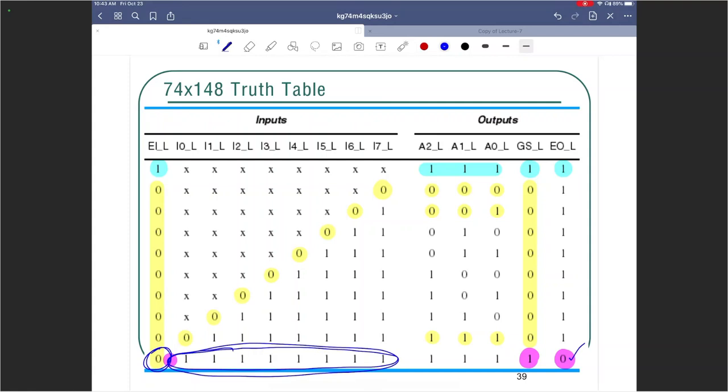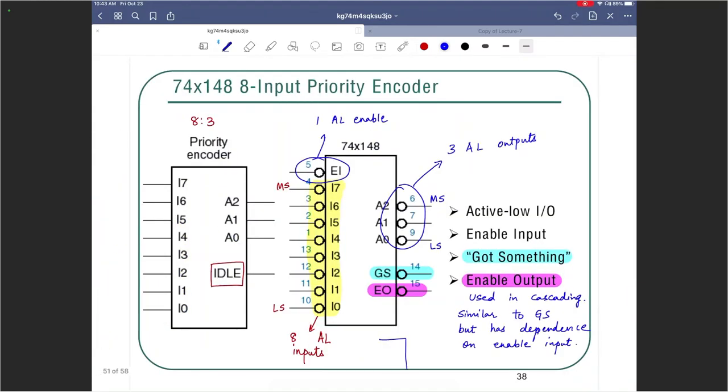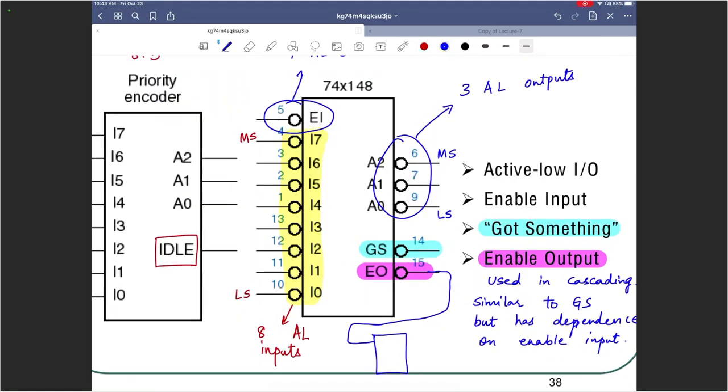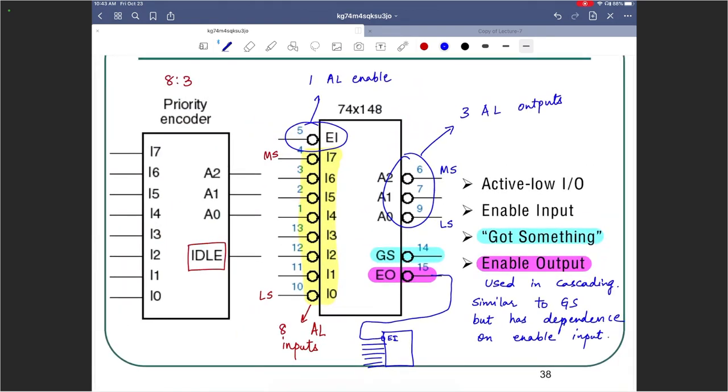active. So if I go back over here and see, if you have another chip that you are using to cascade, you could use this as an input to that guy, EI, right? So if you have multiple 74x148 chips like that cascaded, you could use the enable output of the first chip to be connected to the enable input of the next chip.